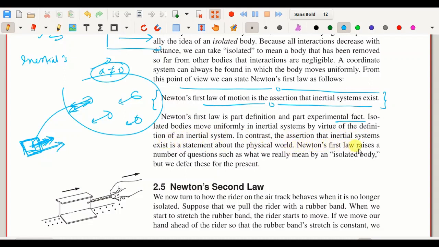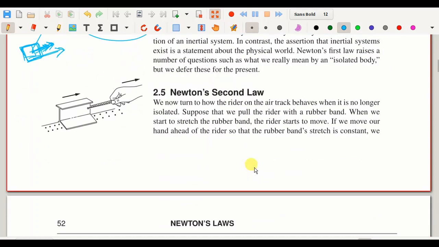Newton's first law raises a number of questions, such as what we really mean by an isolated body, but we defer these for the present. Whenever we define something theoretically, we have to give a very concrete meaning, such as what an isolated body is and how you are going to isolate something. We will understand it more deeply in another chapter. We cannot mix all these things into one.